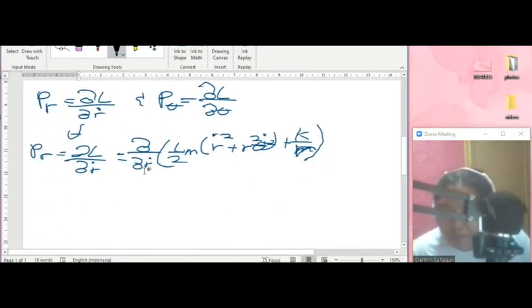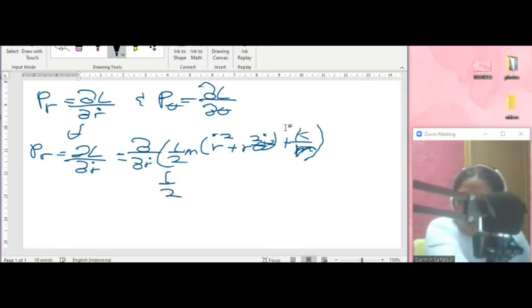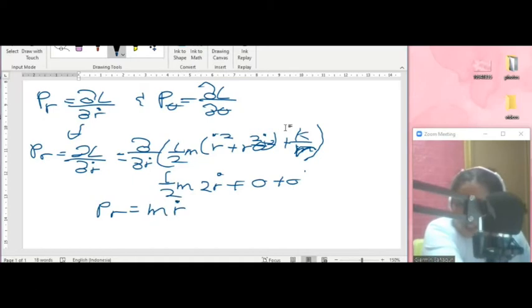So this one will remain; this one will not remain because there is no r dot, and this one will not remain. So this is 0, 0. So let's demonstrate this: 1/2 m times 2 r dot, it's 0 plus 0. So what will remain is P r equals m r dot. So in order to get r dot, r dot equals P r over m. Alright, now we have this.